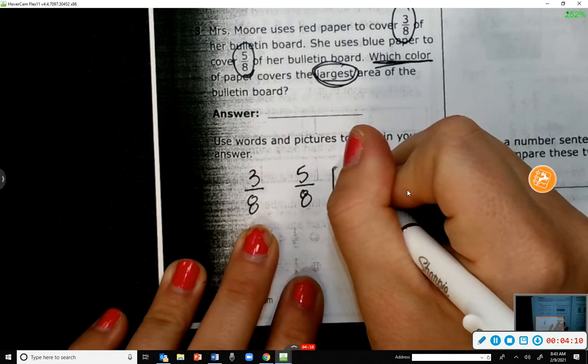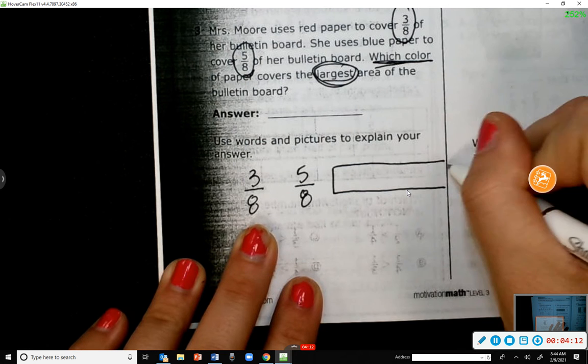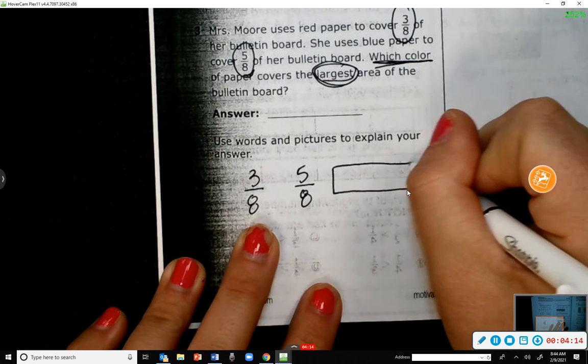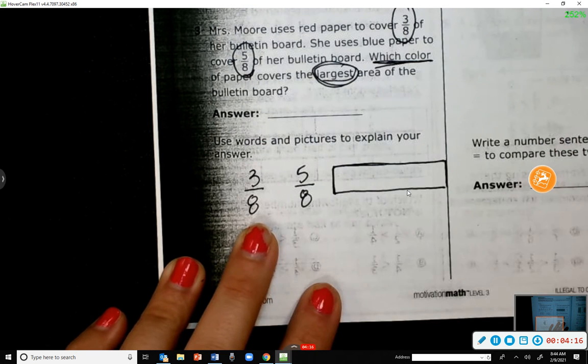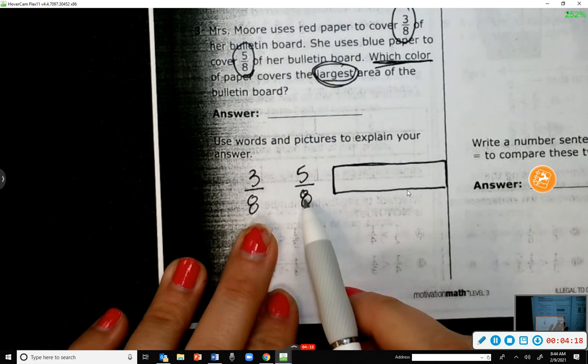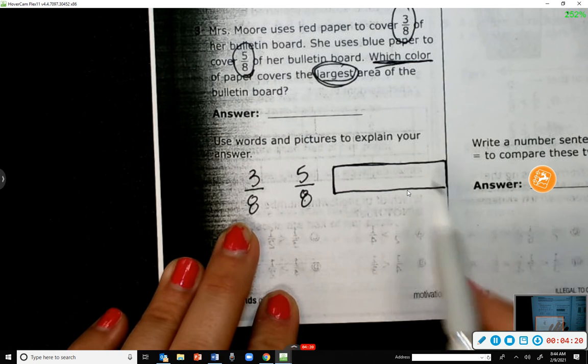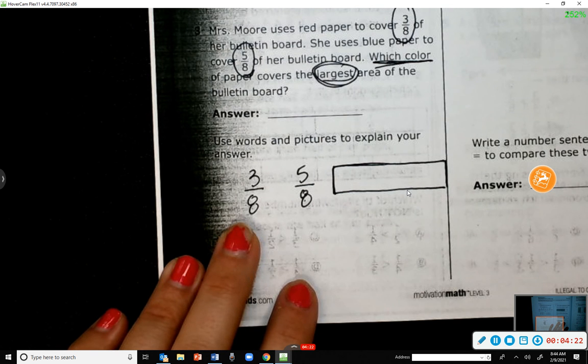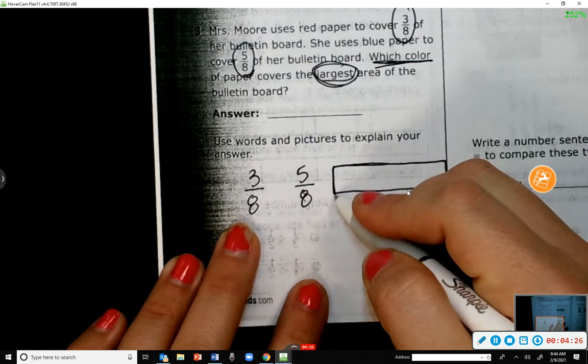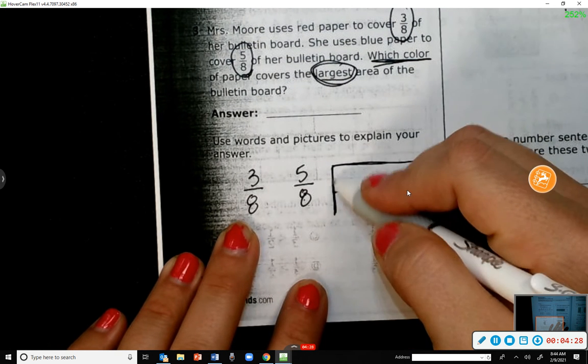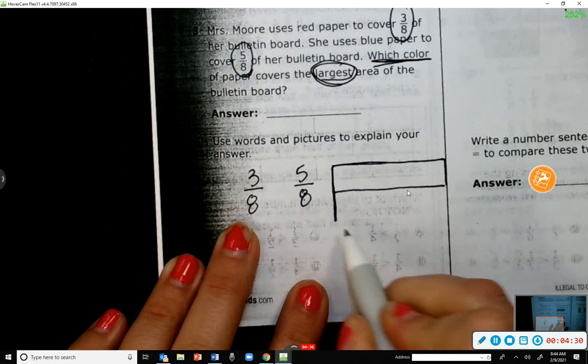So whatever you do, you have to make sure the wholes are the same size. You can't have one whole being longer than the other. And if you drew circles, you can't have one circle that's fatter than the other. Your wholes have to be equal. So we just draw straight down from the one on top.